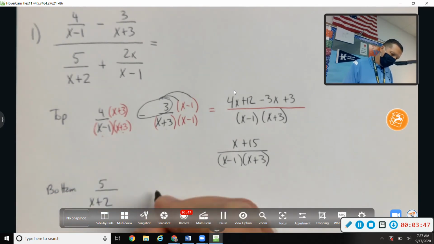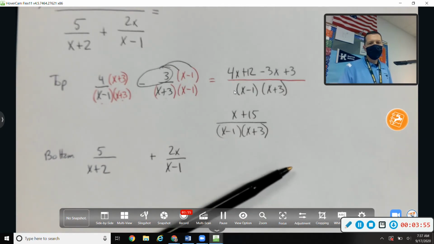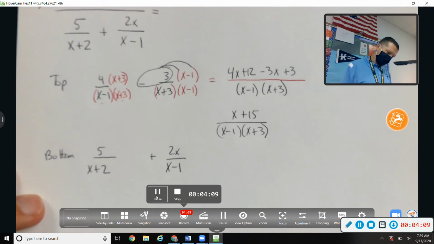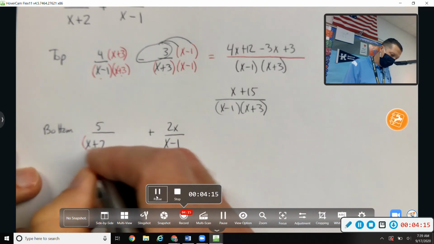5 over x plus 2 plus 2x over x minus 1. And I'm going to pause, you should pause, and try to work that, because it works just like the one we just did. So give that a go, and then we'll look at it. Alright, let's fix this one. So first denominator looks at second denominator and says, that's not fair, why can't I have an x minus 1?